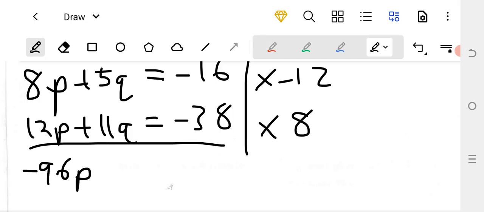We're going to have a negative 60. Q is equal to negative 16 times negative 12, which gives you positive 192.